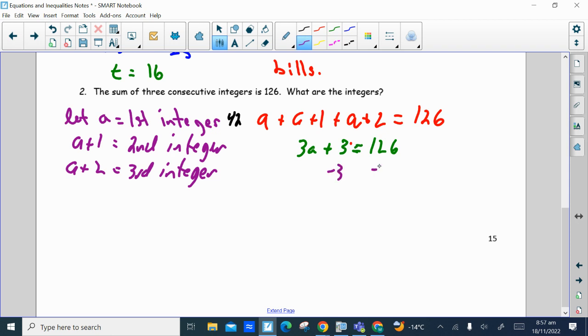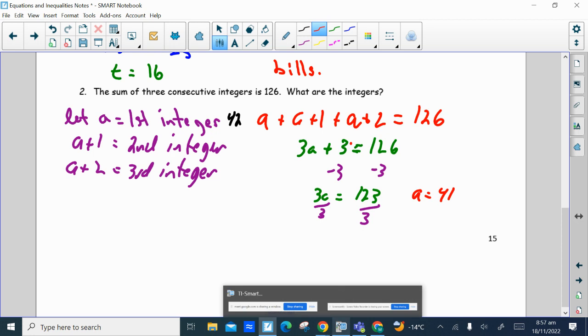So now we will subtract the 3 from both sides. And now we have 3a by itself on the left, giving us 123 on the right. And then we would divide both sides by the 3. And now we can say that a equals 41.